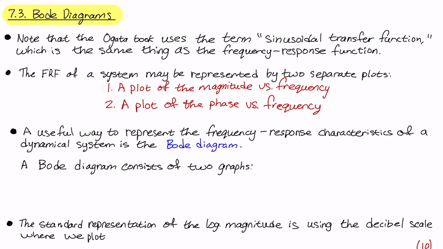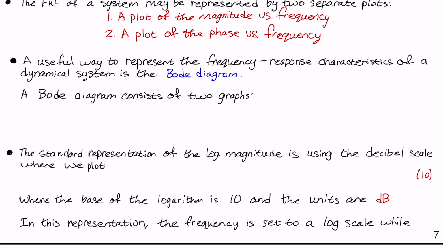Okay, so another useful way to represent the frequency response characteristics of some system is using what we call a Bode diagram. A Bode diagram is very similar to what we've seen before. The only difference is that we're now going to switch the magnitude into decibel scale, and we're going to put frequency on a log scale as well. So the Bode diagram is going to consist of 2 things.